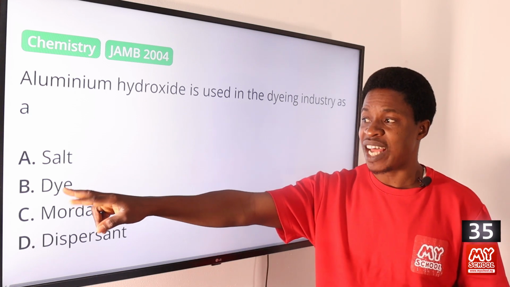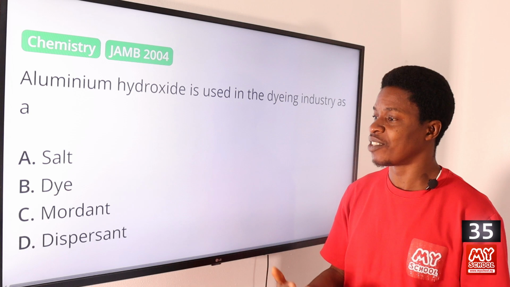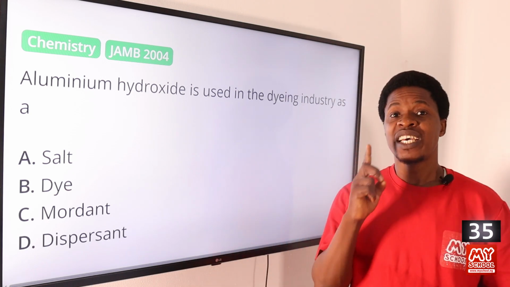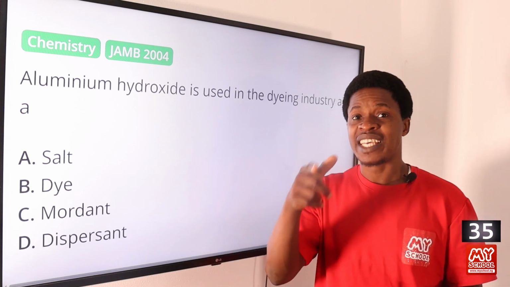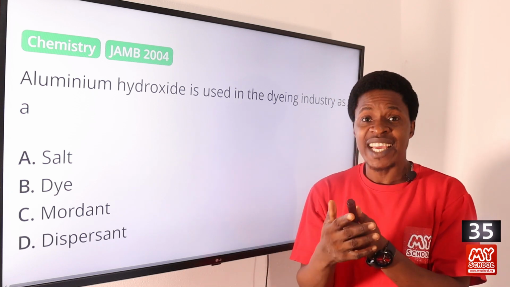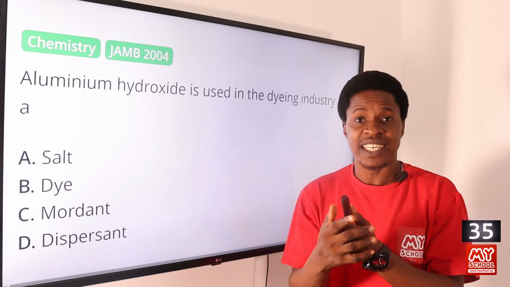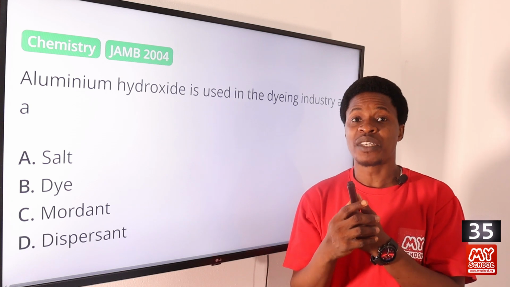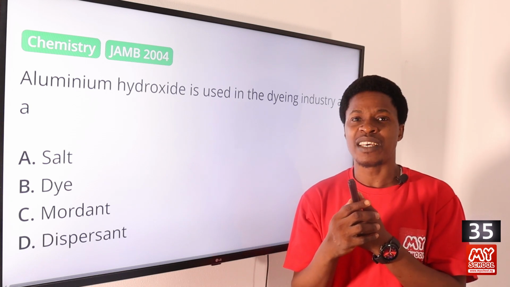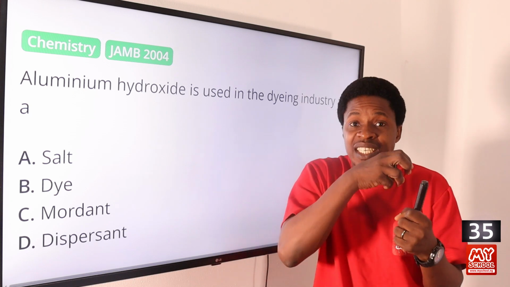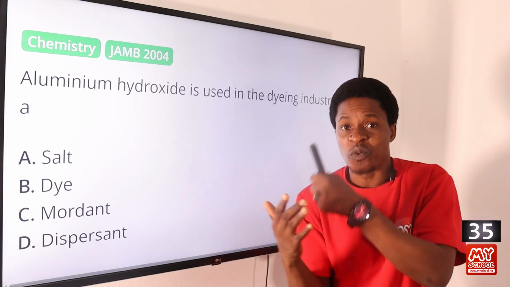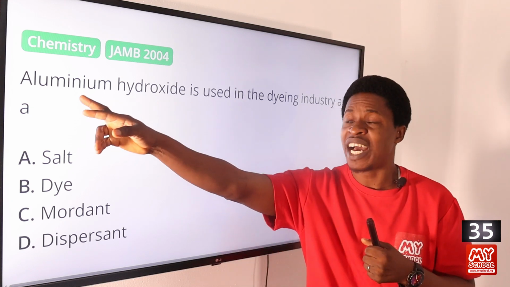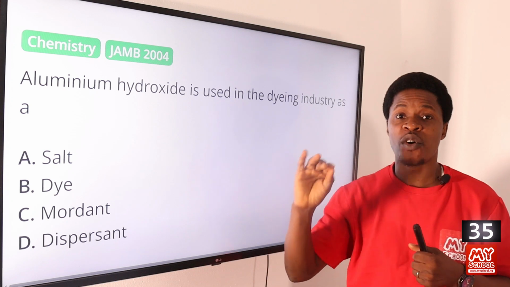So option B says dye. Dye usually imparts the color, but the substance that ensures that the dye that is imparted actually has color fastness, that is, forming a bond between the dye and the fabric upon which you are putting the dye, is what we call the mordant, and that is what aluminum hydroxide is used for in dyeing.